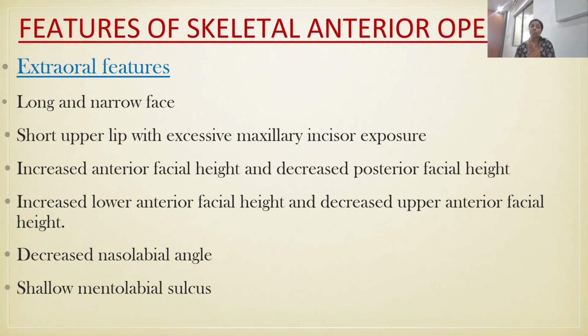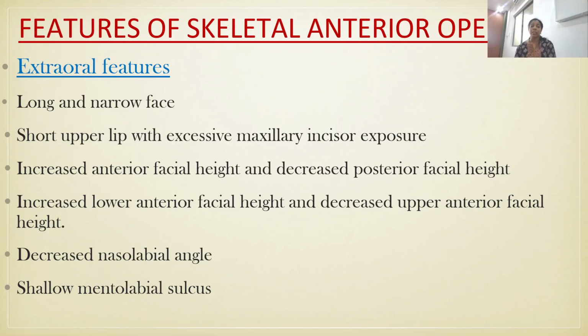Then coming to the features of skeletal anterior open bite. First we have to assess the extraoral features. Usually patients with anterior open bite may have a typical appearance in extraoral examination. Usually presented with long and narrow face, short upper lip with excessive maxillary incisor exposure, increased anterior facial height and decreased posterior facial height, that is there is alteration in the Jarabak ratio.